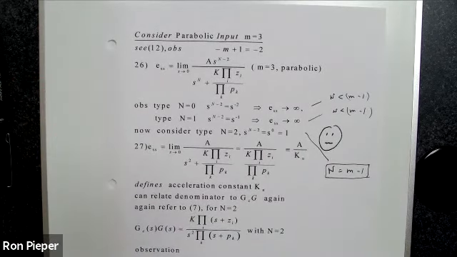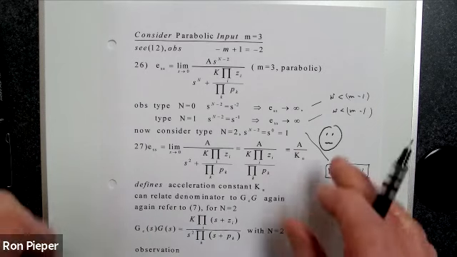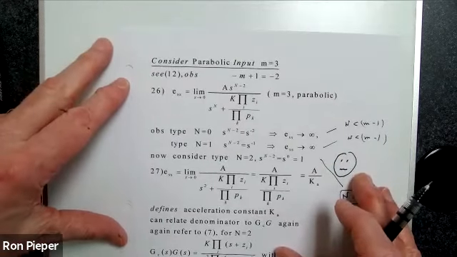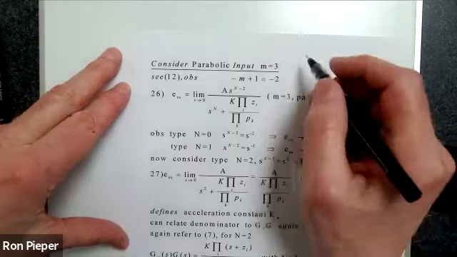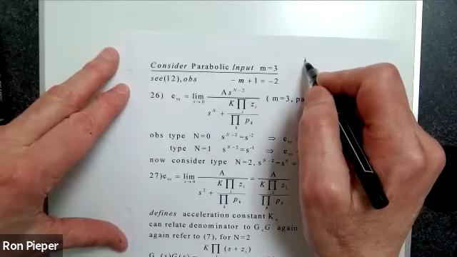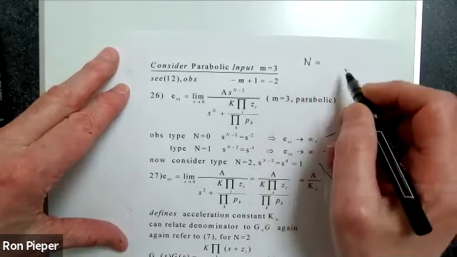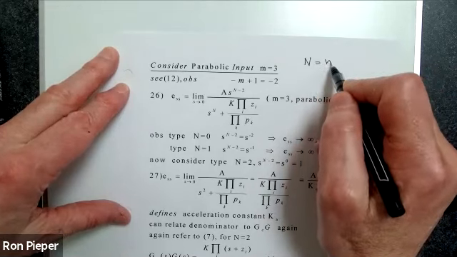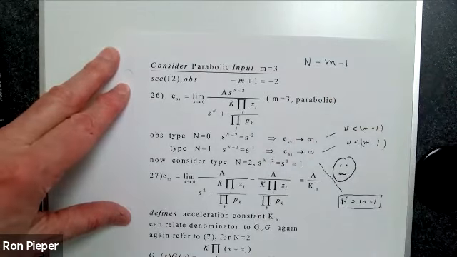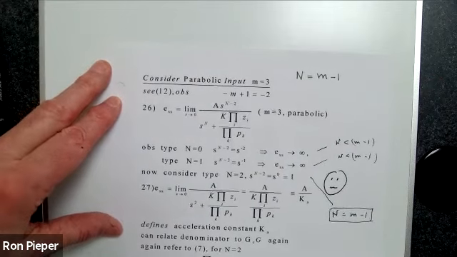Before we jump in, we can argue here that m is equal to 3, and the condition n is equal to m minus 1 is the condition where we get a finite error, right? We just said that a minute ago.